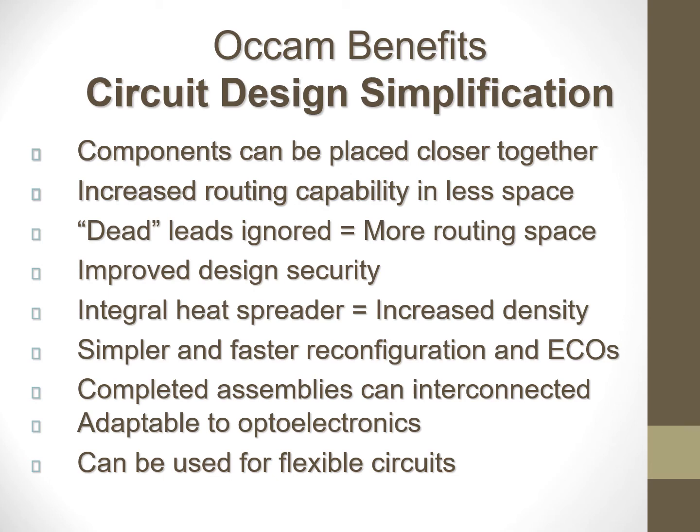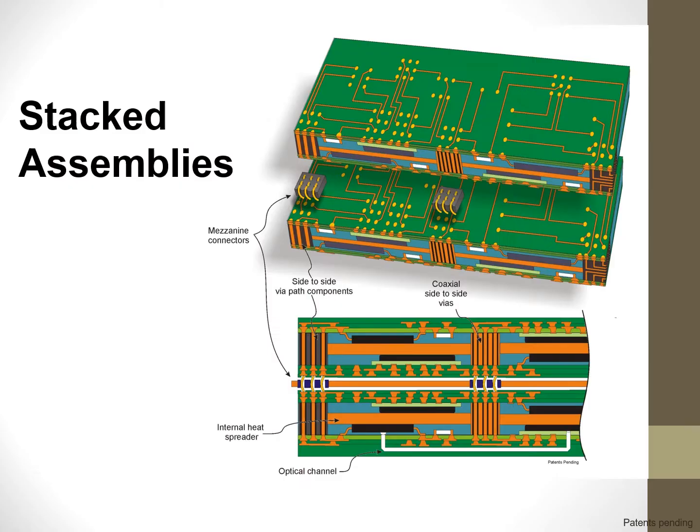The potential is to build an integral heat spreader, which will also provide increased density from a thermal management standpoint. Simpler, faster reconfiguration. Completed assemblies can be interconnected, as I'll show. It's adaptable to optoelectronics and can be used with flexible circuits.